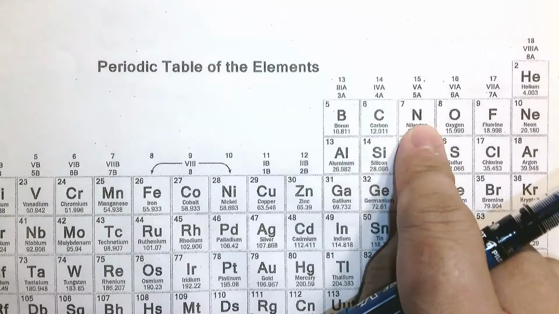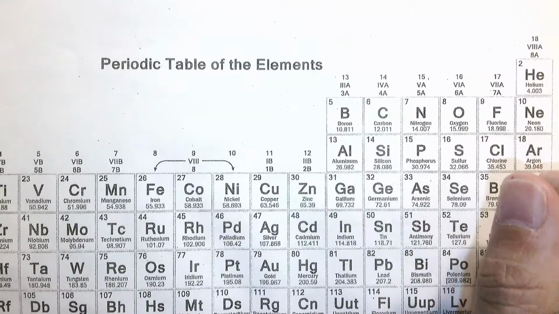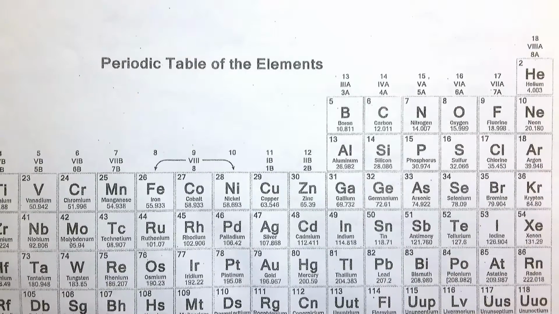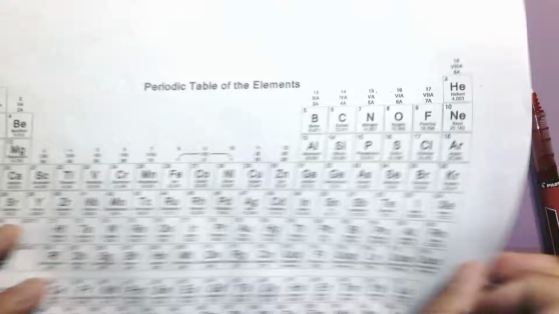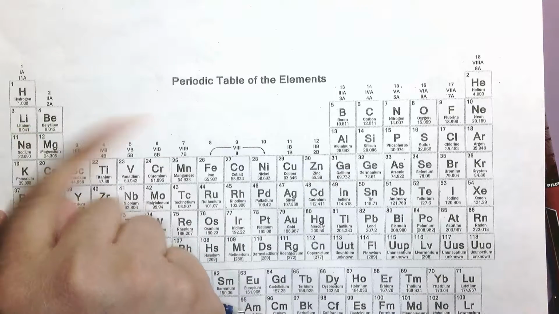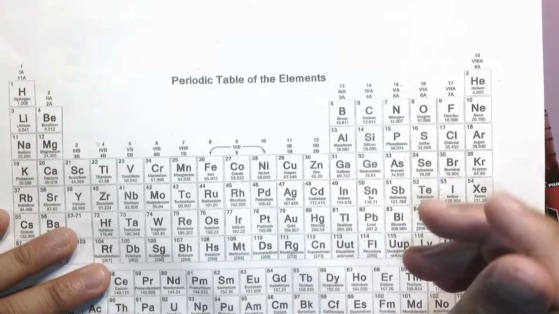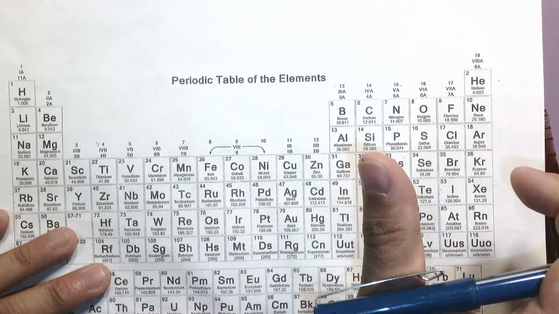We know that carbon, nitrogen, oxygen, when you fill up the valence shell, you have 8 electrons. Why do I say 8? Because in the 2 shell, you have 1, 2, 3, 4, 5, 6, 7, 8 electrons maximum in that shell.